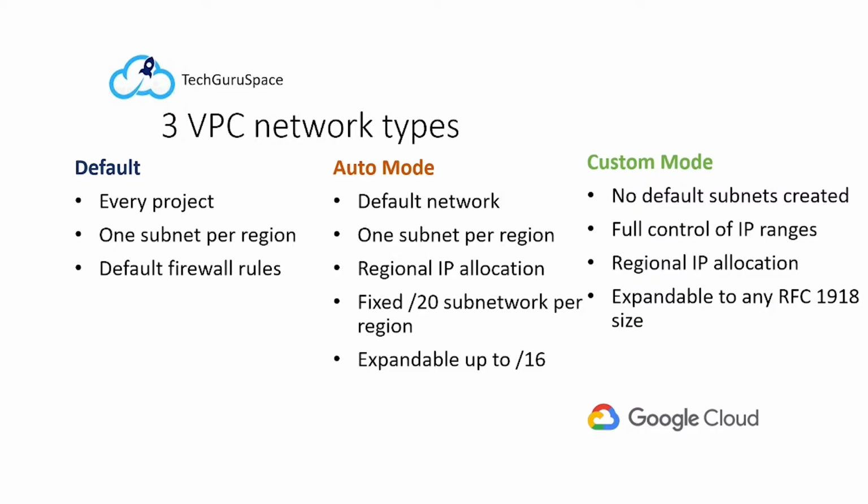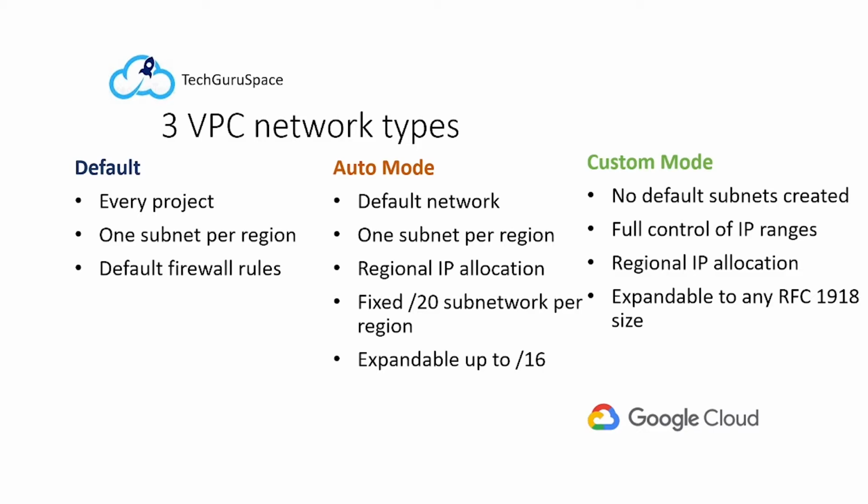Every project is provided with a default VPC network with preset subnets and firewall rules. Specifically, a subnet is allocated for each region with non-overlapping CIDR blocks and firewall rules that allow ingress traffic for ICMP, RDP, and SSH traffic from anywhere, as well as ingress traffic from within the default network for all protocols and ports.